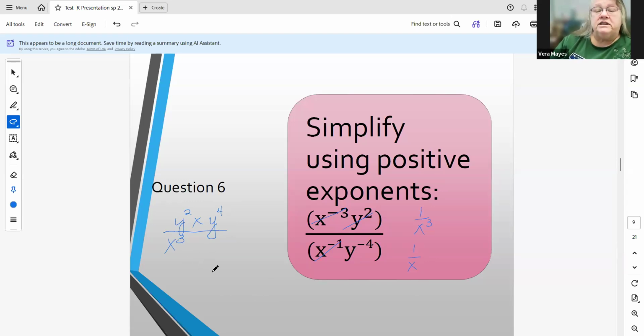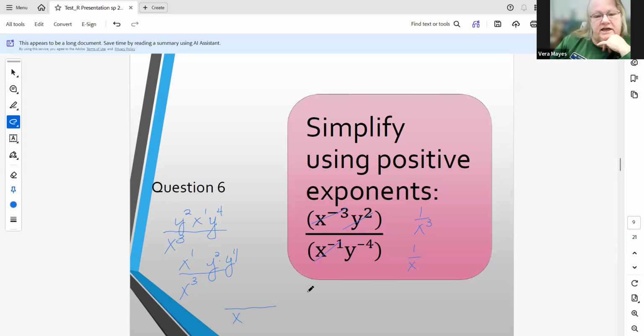So now I can look at this and group it by similar type of letters. So I see an x to the first on top and an x cubed, and I see a y squared and a y to the 4th on top. All right, division means we keep the base and subtract the exponents. The larger exponent is on bottom.